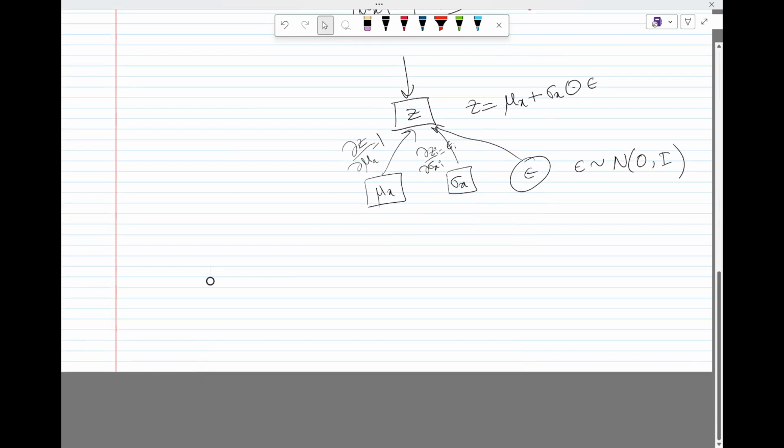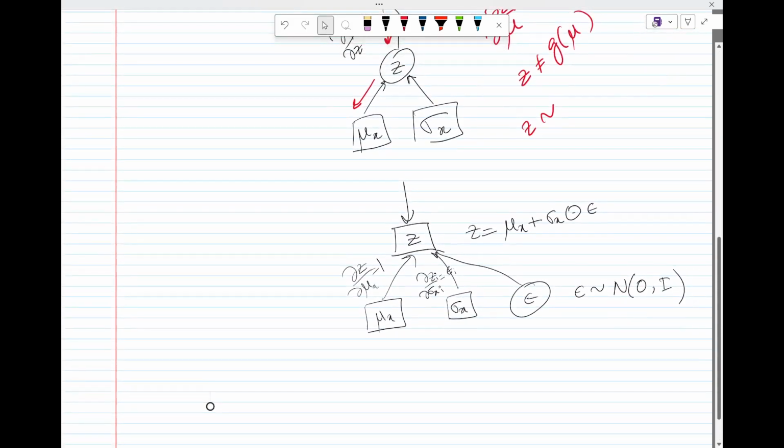Let's say z is sign of (mu x plus sigma x).